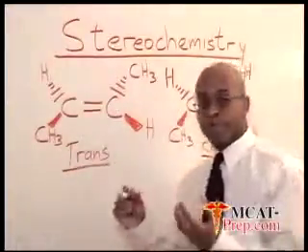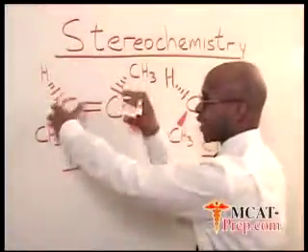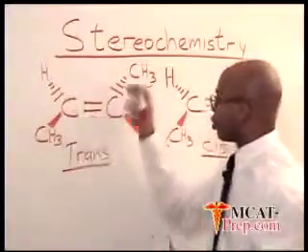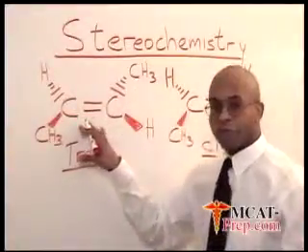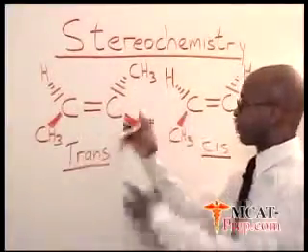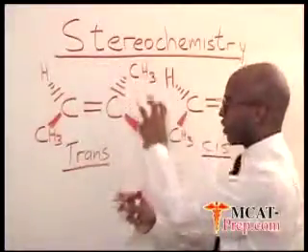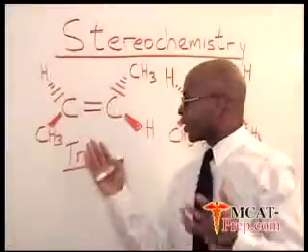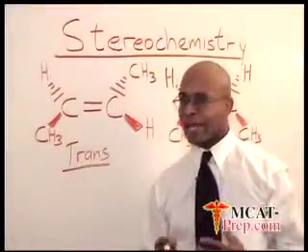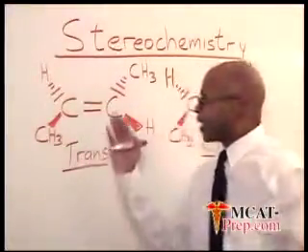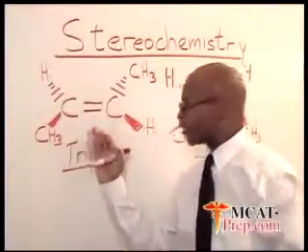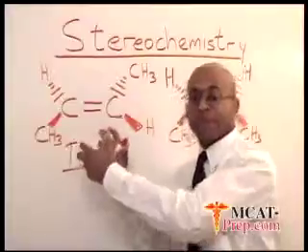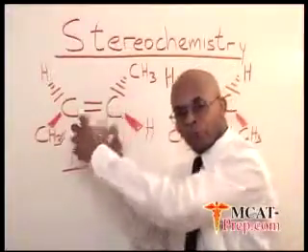Now, do you get a twisting and turning along this double bond so that you can go from this trans configuration to the cis configuration? Because if you twisted this, brought the CH3 group down, then you would have the cis configuration. Does this occur at room temperature? Absolutely not. Because to go from the trans to the cis, because there is a double bond, and the double bond restricts, in fact, it prevents free rotation.